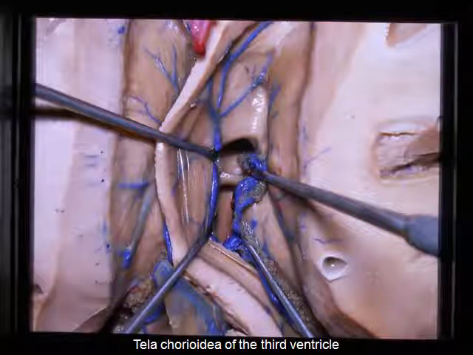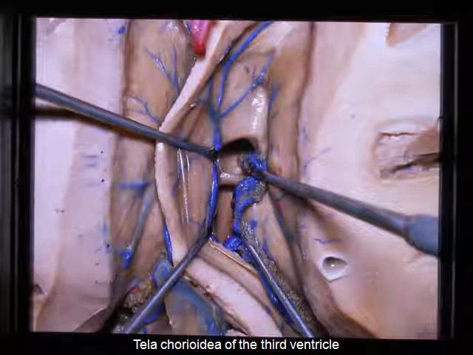Its base corresponds with the splenium of the corpus callosum, and occupies the interval between that structure above and the corpora quadrigemina and pineal body below. This interval, together with the lower portions of the choroidal fissures, is sometimes spoken of as the transverse fissure of the brain. At its base, the two layers of the velum separate from each other and are continuous with the pia mater investing the brain in this region.